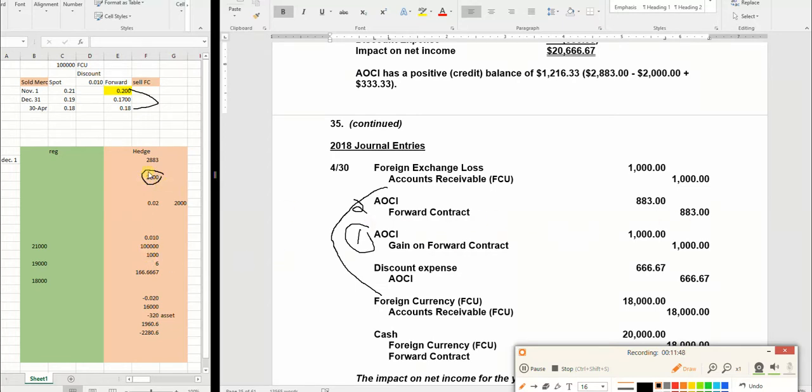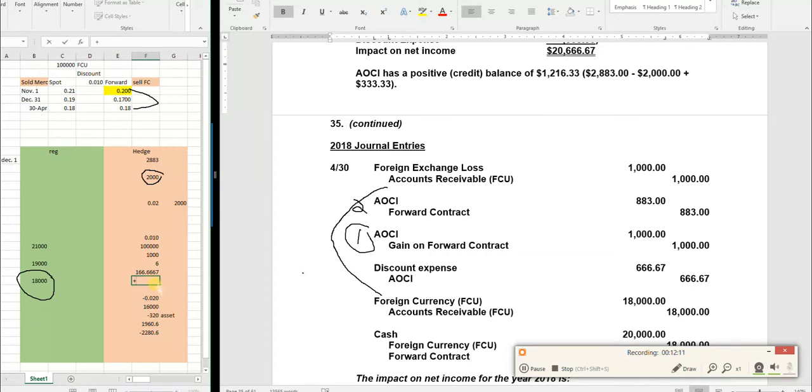So now my forward contract is sitting at 2,000 and my accounts receivable are sitting at 1,800. That's kind of important to see. All right. And so then I allocate my discount expense. So remember that I had 2 of the months gone. So now I've got January, February, March, April. They were 6 months here.